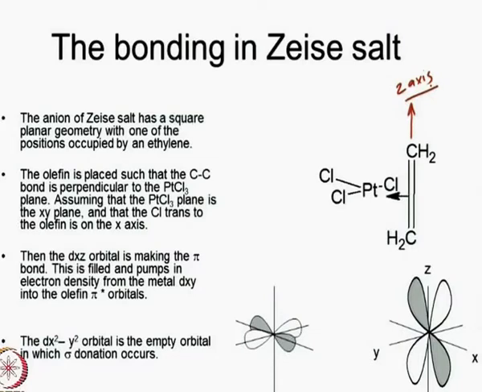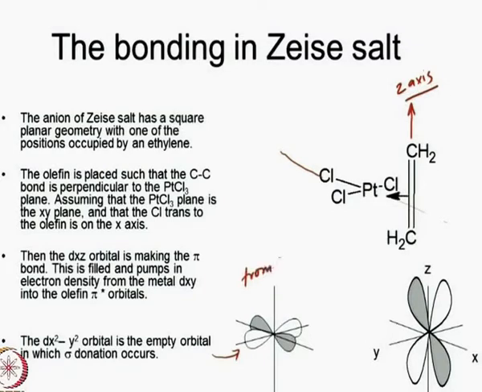Then the Dxz orbital, if this is the x axis, is the one which would be suitable for interacting with a pi star orbital on the olefin. So, the Dxz orbital is pictured here, and the Dx squared minus y squared orbital will be the orbital which primarily accepts electron density from the pi.